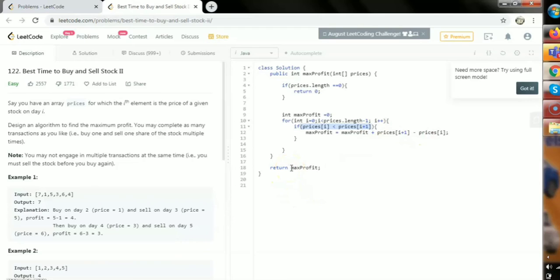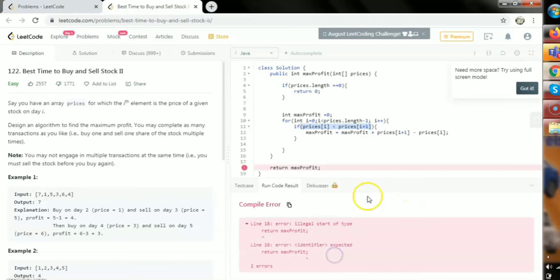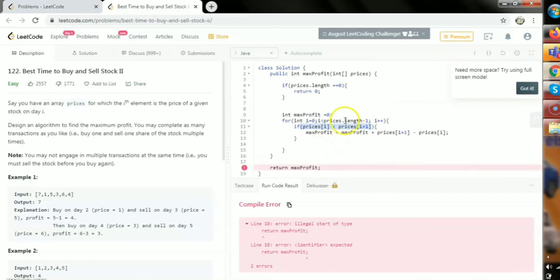Okay, so let's run this code. Hopefully there will be no compilation error. Here it says illegal start of type. So here I mentioned max profit into max profit.